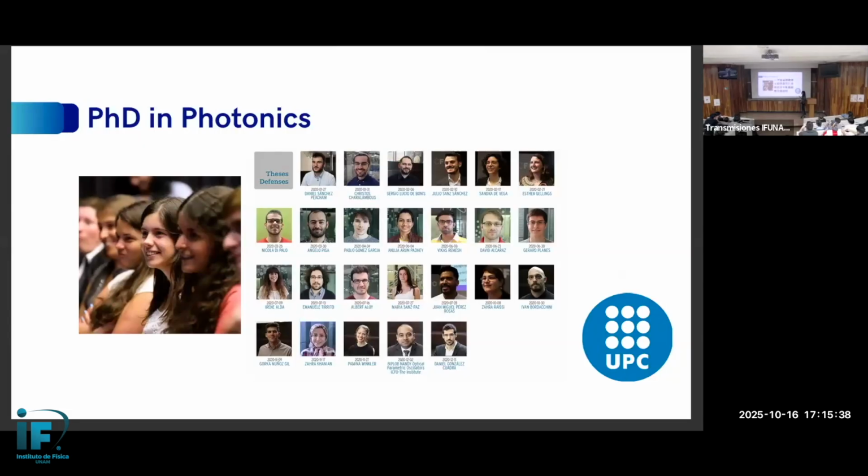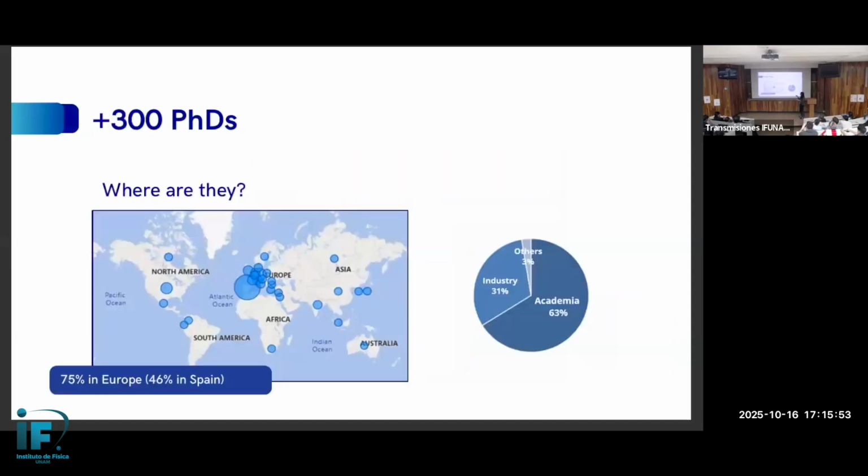And then, as ICFO, if you are interested in a PhD, ICFO also coordinates its own PhD in photonics. Since its foundation, more than 300 students have graduated from this program.